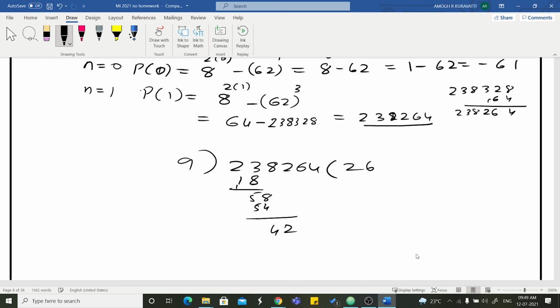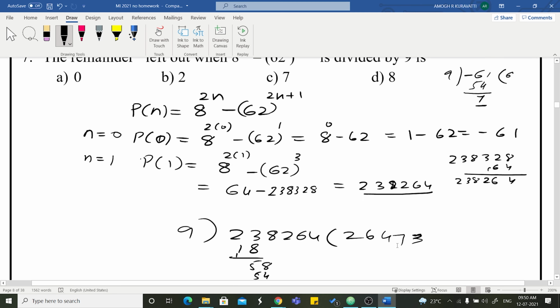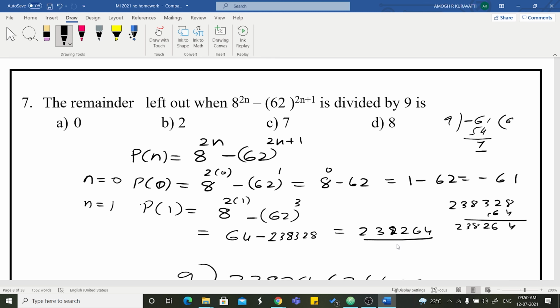Then carry 2, 9 4s are 36, so 6. 9 7s are 63, 3. Then 9 3s are 27, 14 minus 7 is 7. The remainder is 7. Correct? That is why taking n is equal to 0 gives it quickly: minus 61, the remainder is 7. Option C. I hope it is clear, students.